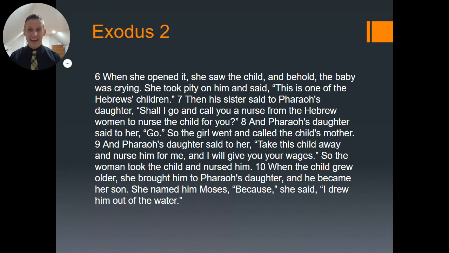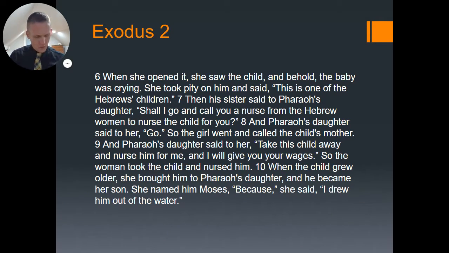And she agrees, and then she pays Moses' mother to nurse him. Again, maybe because their family is part of the slaves of this household, or they're attendants to Pharaoh's daughter. It's interesting. It's brilliant in its planning, and blessed by God in it.